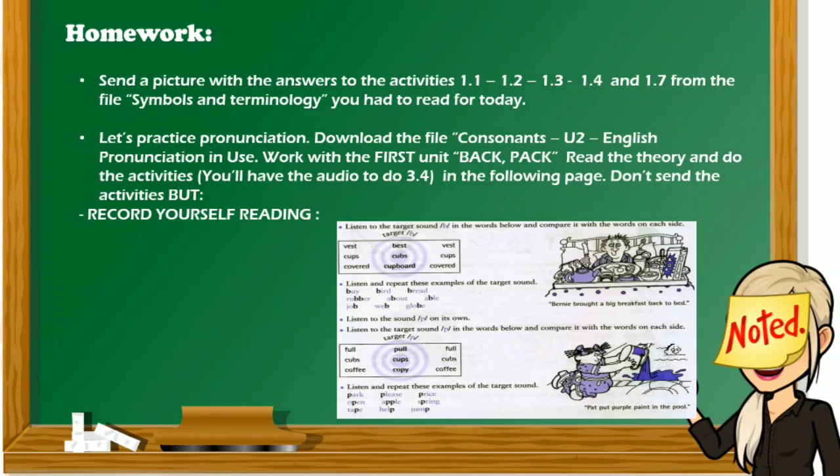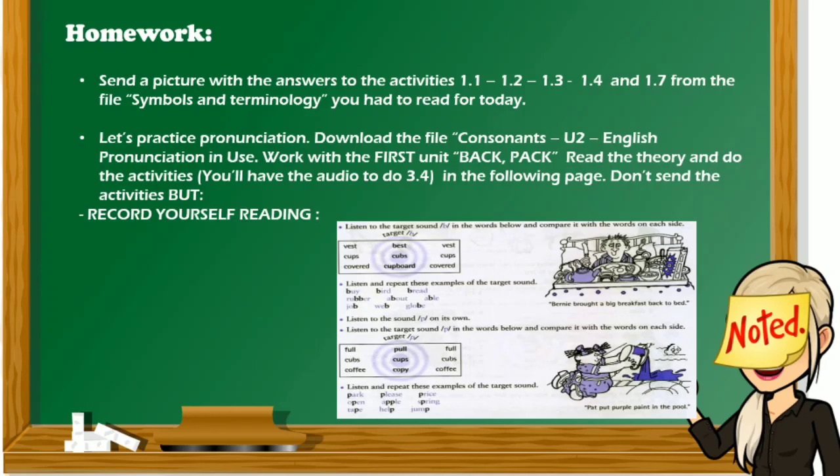So then let's practice some pronunciation. The idea is to download from Unit 2, where you have all the materials in Facebook, Unit 2, Consonants, English Pronunciation in Use, and you will see that the first unit is called Backpack. Here you will work with the difference between B and P. You have to read the theory and do all the activities.